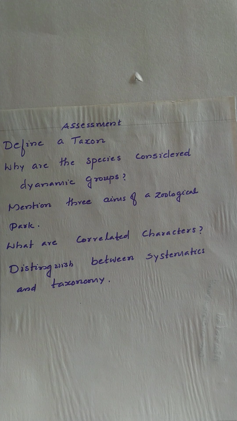Then define systematics. Systematics is the scientific study that attempts to recognize, describe, name and arrange the diverse organisms according to an organized plan based on the unique features of species and groups.